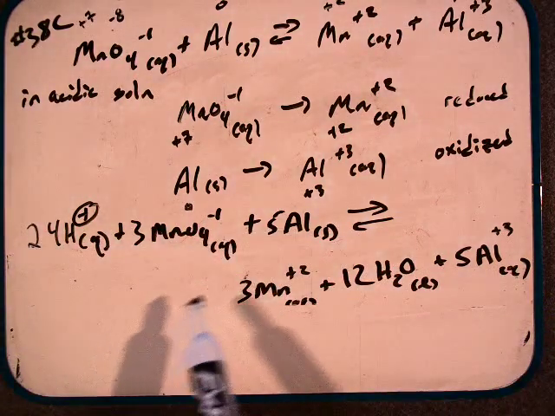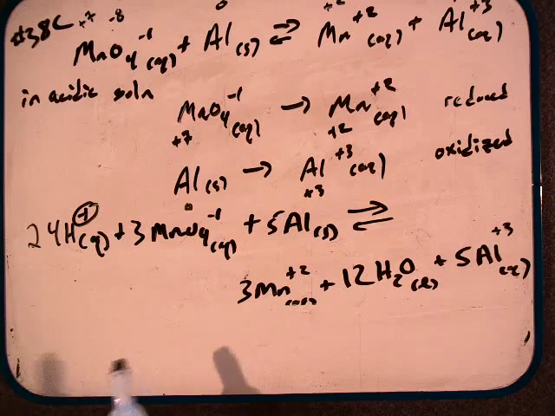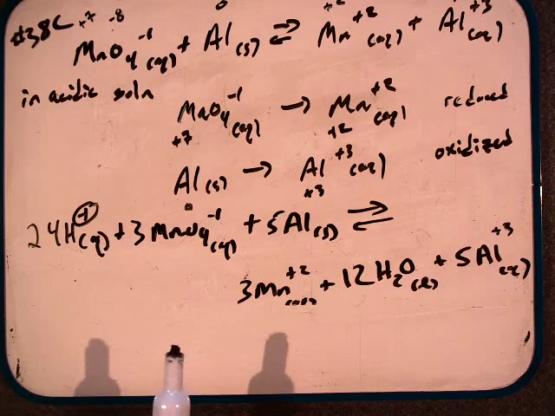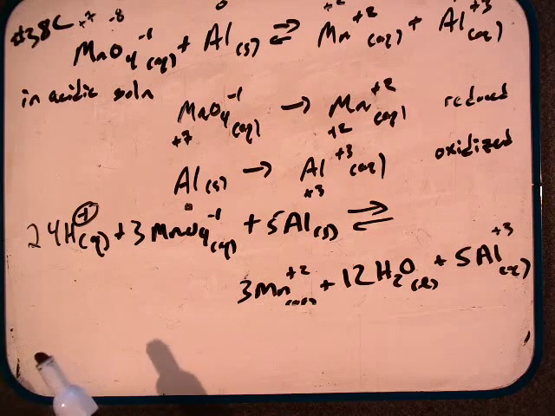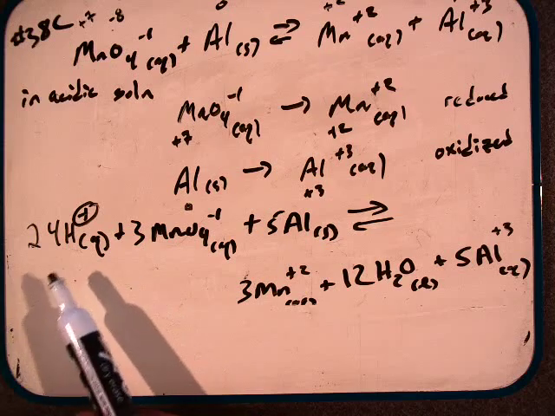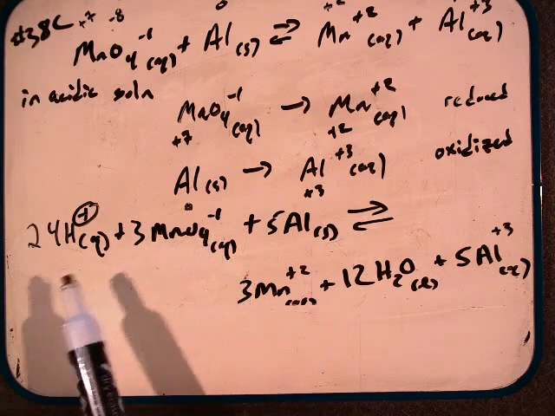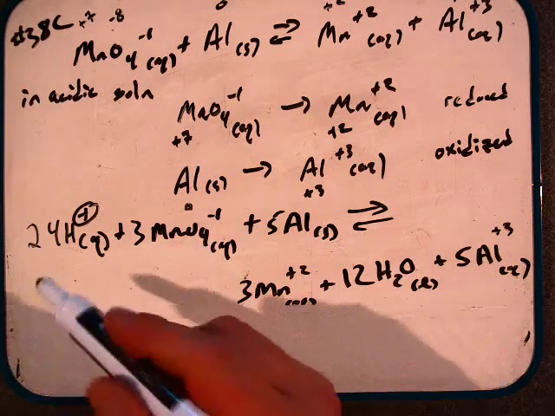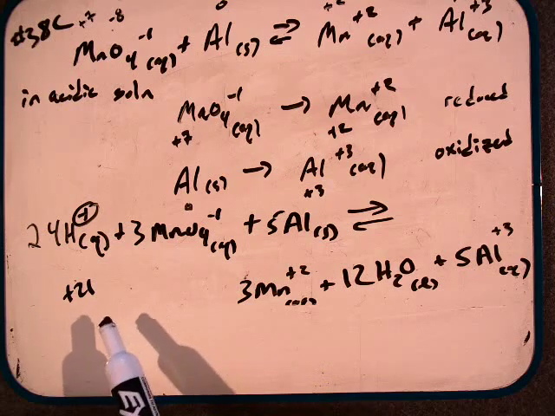If we look at the redox equilibrium now, we can't reduce it any further, so this should be balanced. And one way to check is to again look at the charge on the left and on the right. And so on the left we see 24 protons and 3 manganates, so that would be a total of plus 21 for the starting material side.